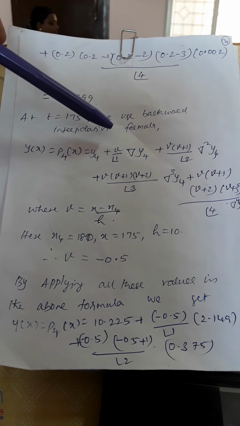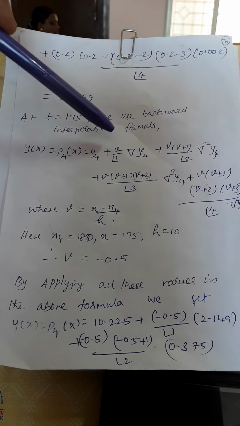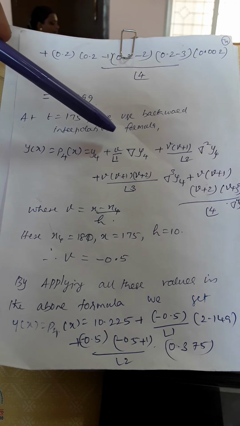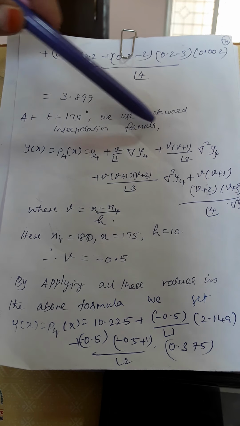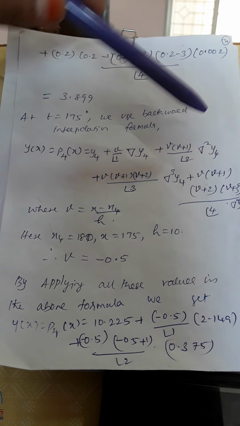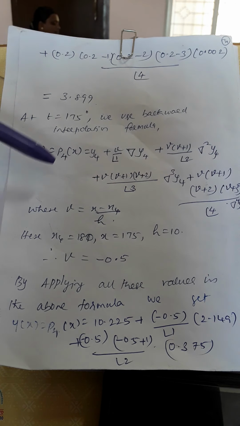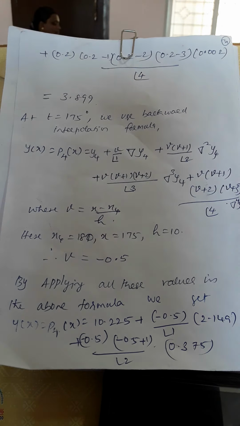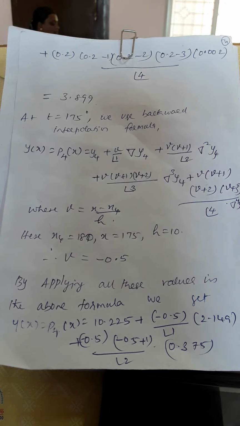Here, because we are using the alphabet v, we have already used the alphabet u for the forward interpolation formula. Thus we are changing the variable from u to v here. Plus v into v plus 1 divided by 2 factorial into del square y4, and plus etc. Like the above forward interpolation formula, we explain this as backward interpolation.